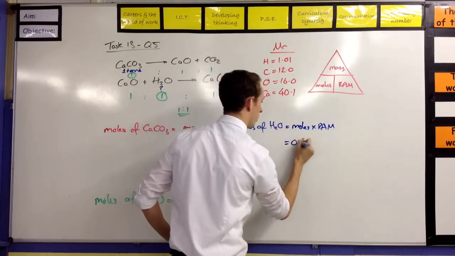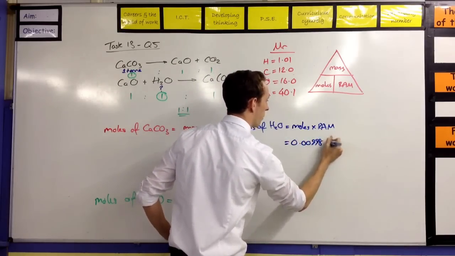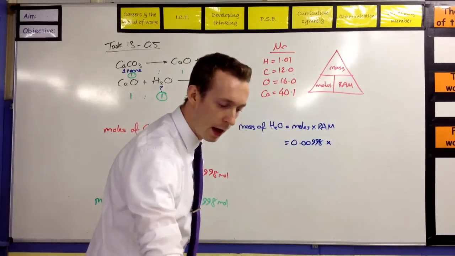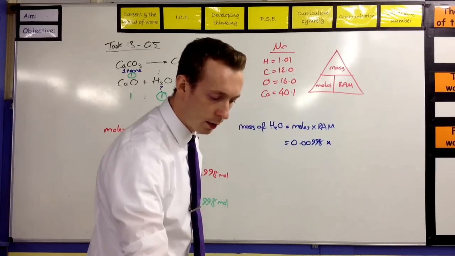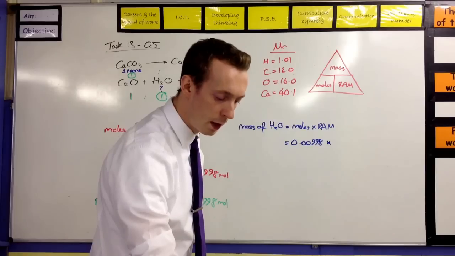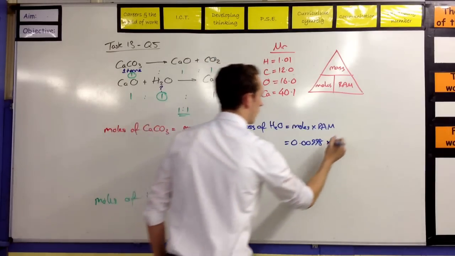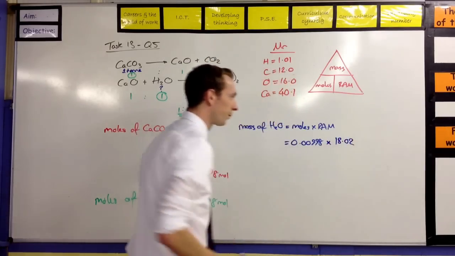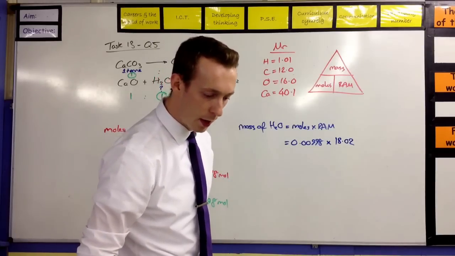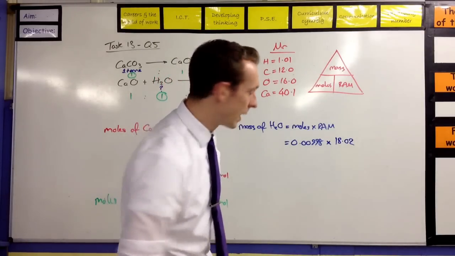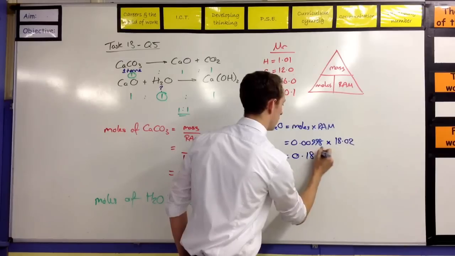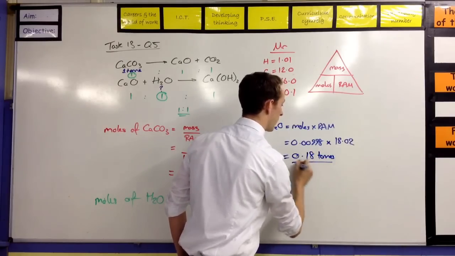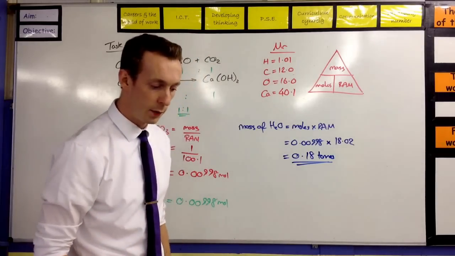We know that we have 0.00998 moles, and the relative atomic mass of water is 18.02. Okay, so 18.02. When we work that out, we get a mass of 0.18 tons, and that's how much water is needed. We use the same principles and things like that.